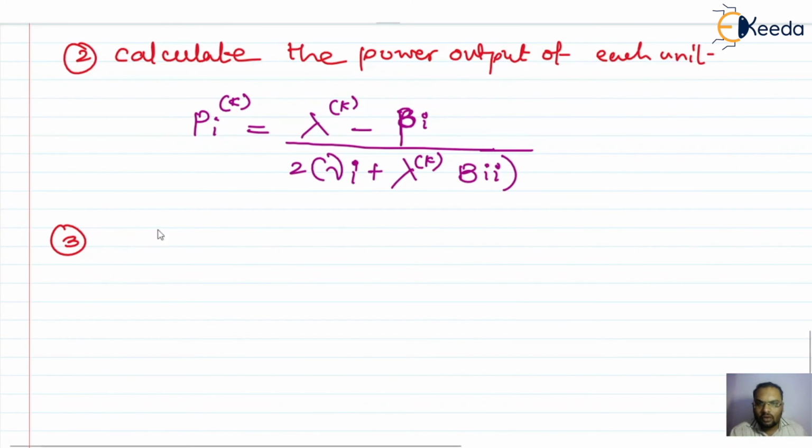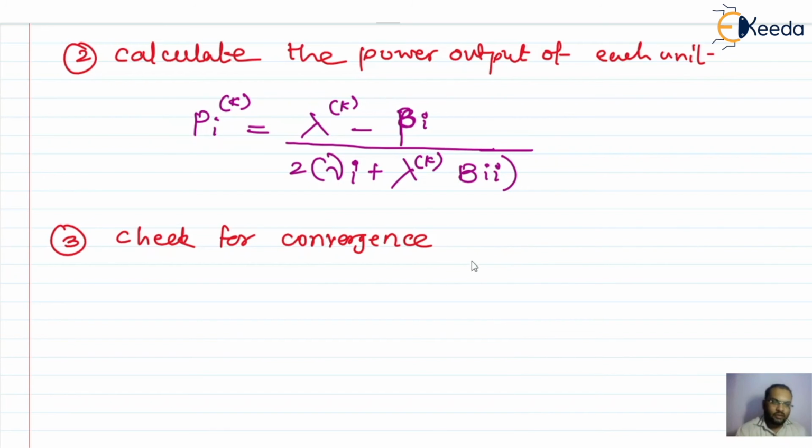Next, check for convergence. If the condition I am going to state is satisfied, then we can say that we got the solution and can stop at that iteration. The condition is that you check the change in power in the kth iteration. It will be PD plus power loss in the kth iteration.